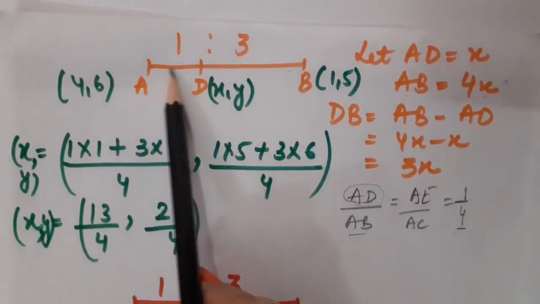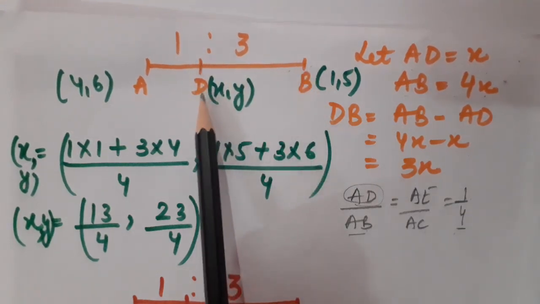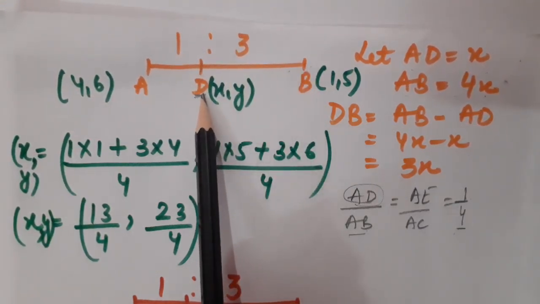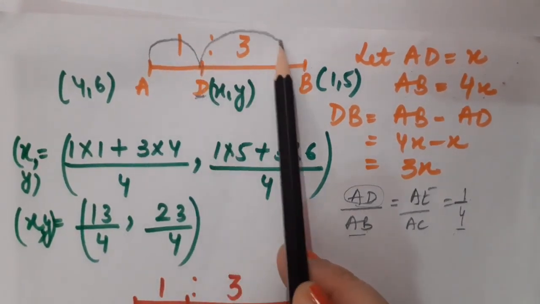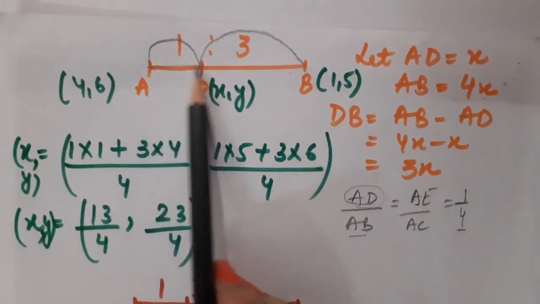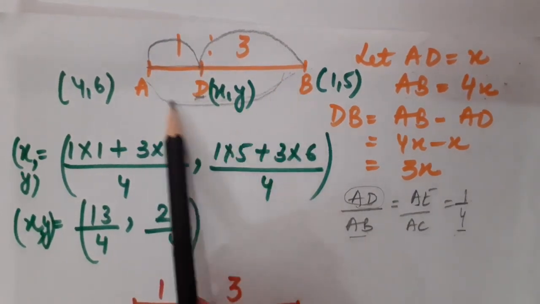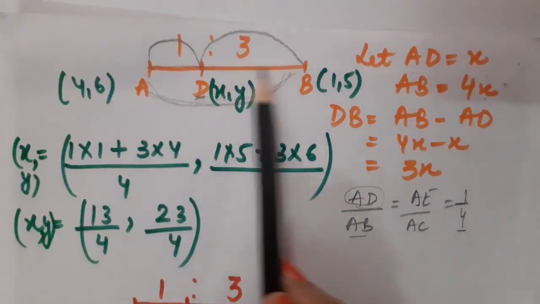Because if I have drawn a line segment AB and D is a point of division, you know the section formula can be applied only when I know the ratio AD over DB. If I have AD over complete AB given, then I cannot apply the section formula. Correct, students?